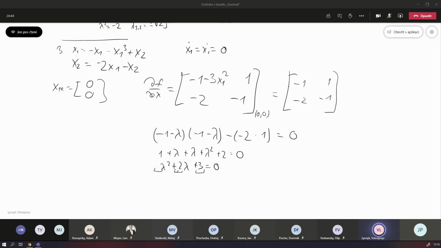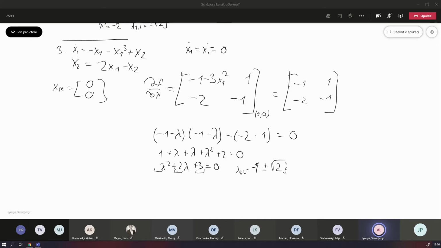Well, someone wrote in the homework, when we calculate the eigenvalues, that we found lambda 1, 2 equals minus 1 plus minus square root of 2 j.